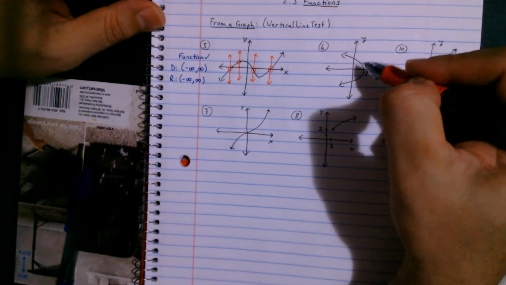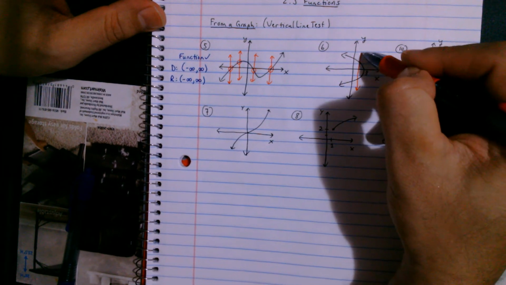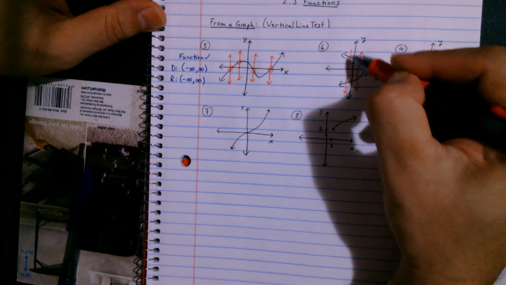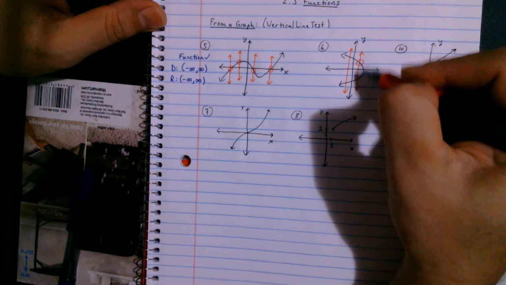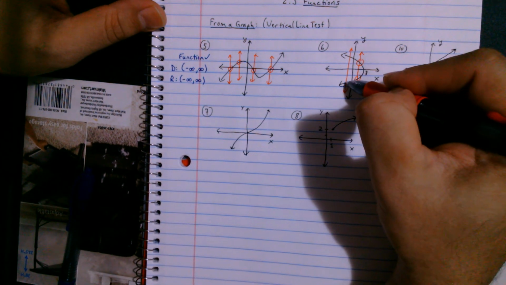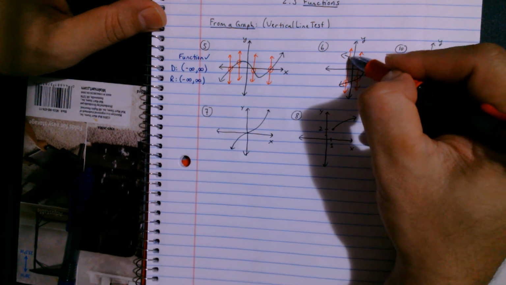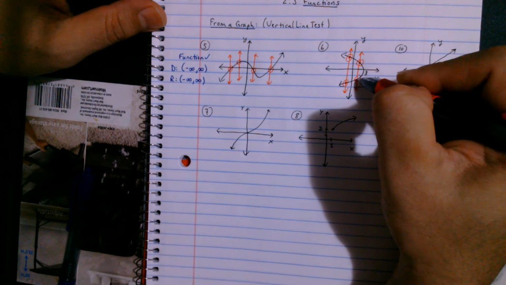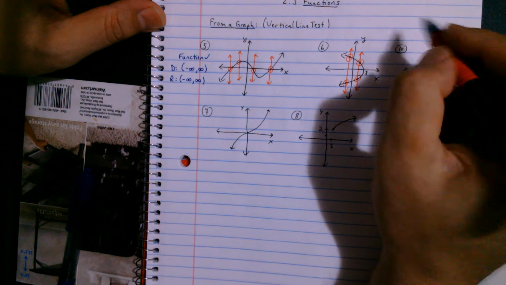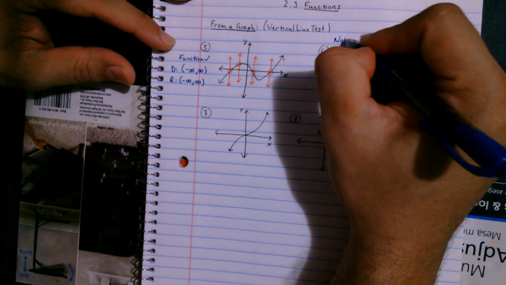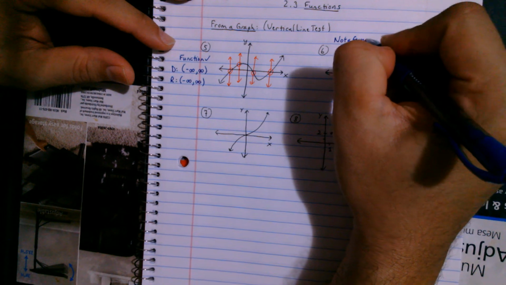Okay. Number 6, notice that when you run vertical lines, you really just found one. If you find one that hits the graph at more than one point, you can find more, but if you find one, this thing is not a function. So you're cheating.